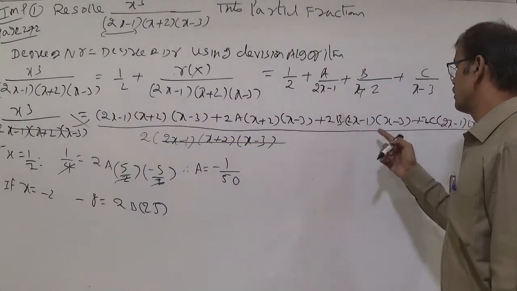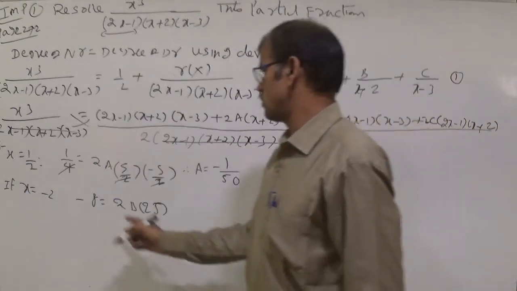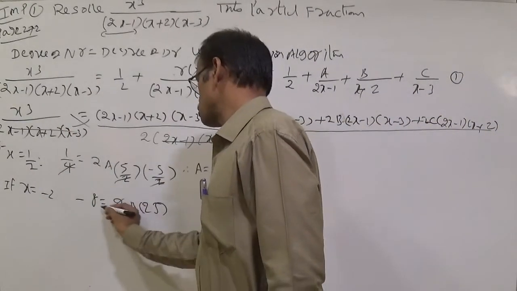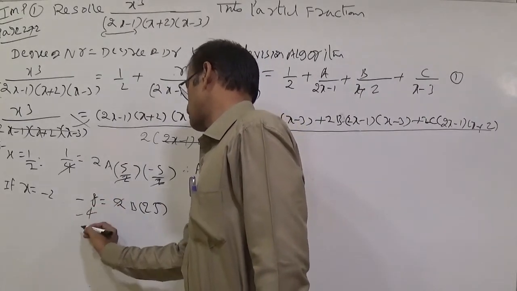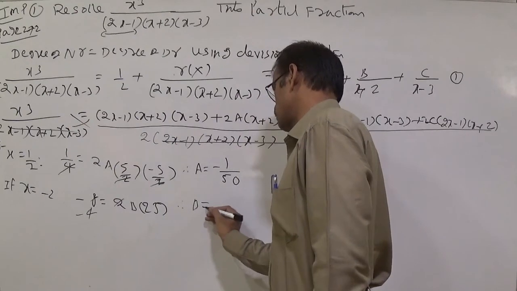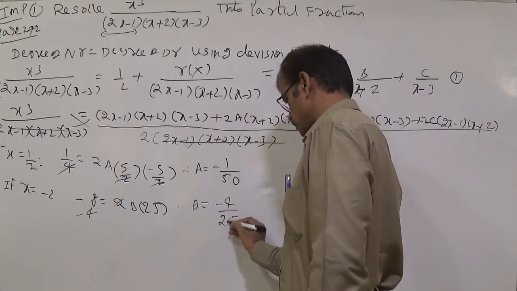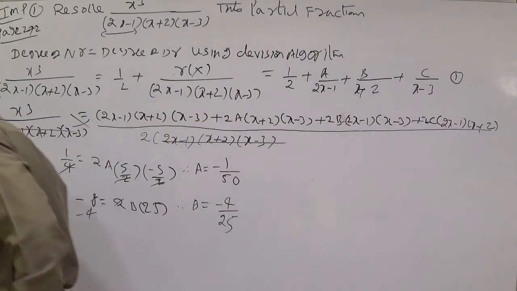It is minus 5 into minus 5 plus 25. Okay, this is minus 8. 2 getting cancelled, minus 4 times. Therefore you can write here B is equal to minus 4 by 25.